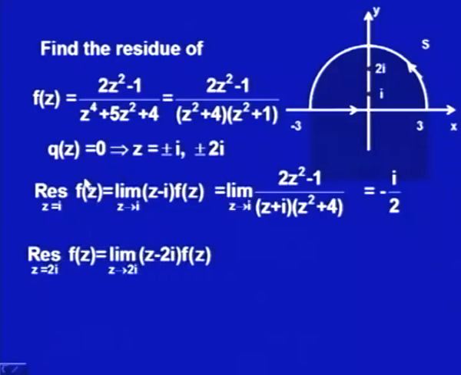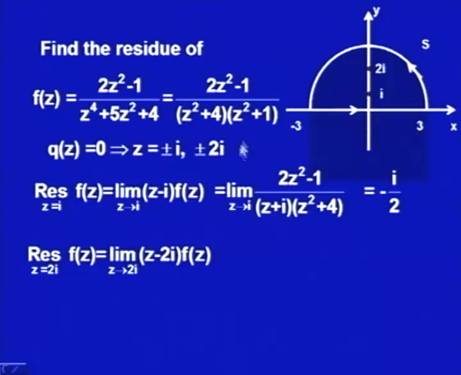Now, residue at z = 2i. Again using the same formula, residue at z = 2i of f(z), we could find out as the limit z approaching 2i, (z − 2i) f(z). So, now we would write this function, the term z² + 4 we would break as (z + 2i)(z − 2i).